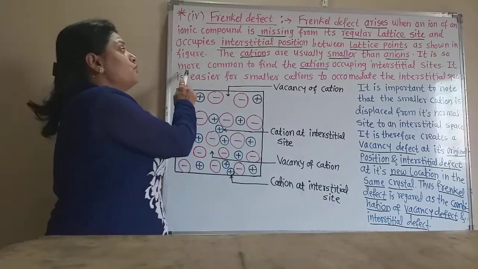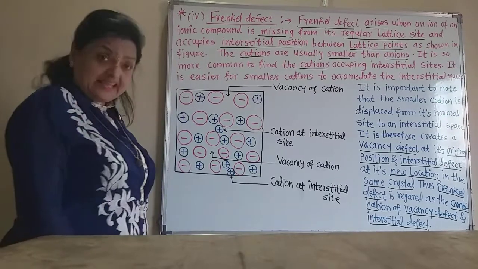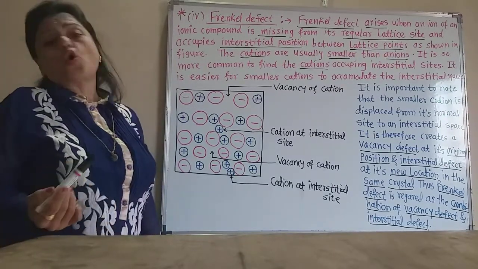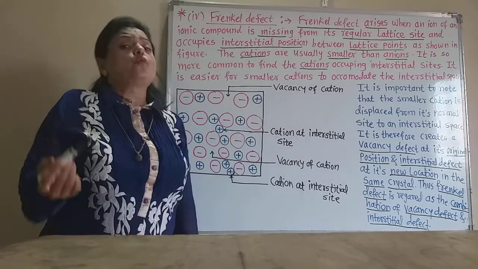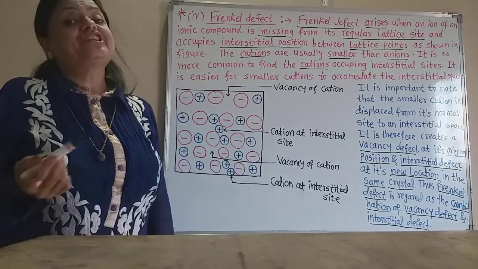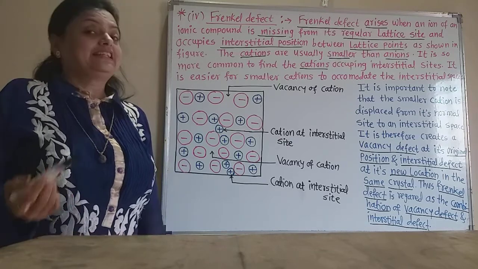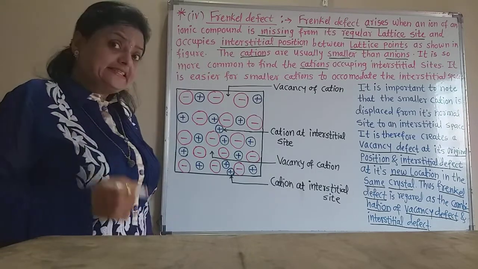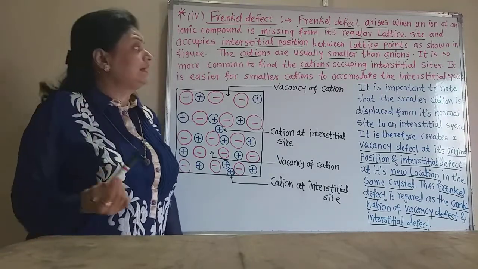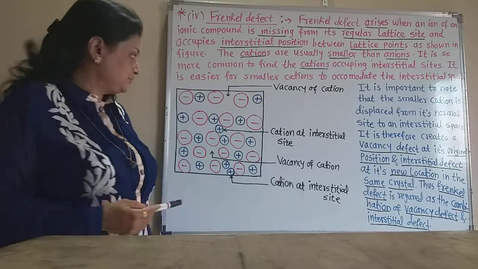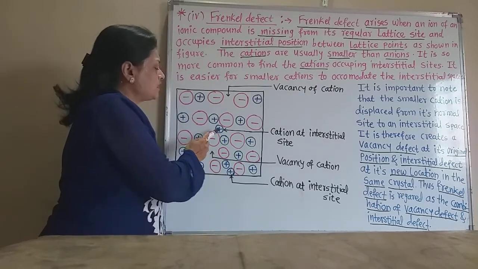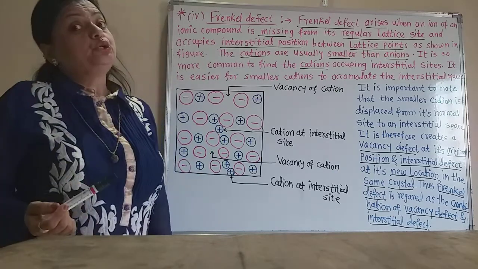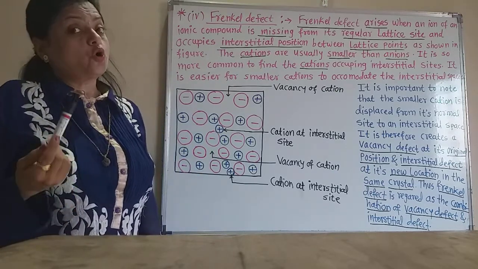It is more common to find the cations occupying the interstitial sites, because cations are generally smaller than anions. It is easier for the smaller cation to be accommodated in the interstitial space because of its smaller size.